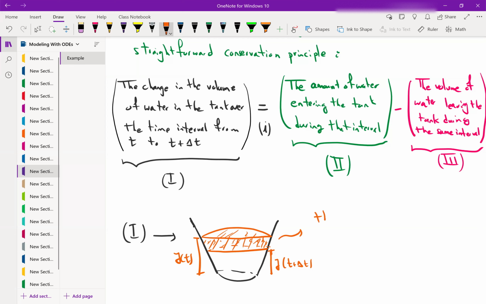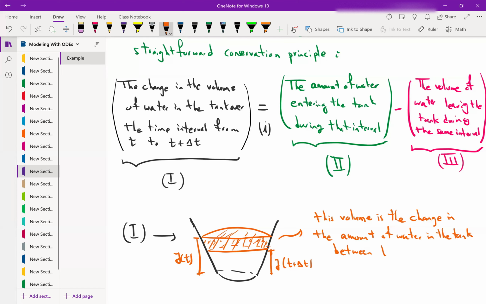This volume is the change in the amount of water in the tank between t and t plus delta t.